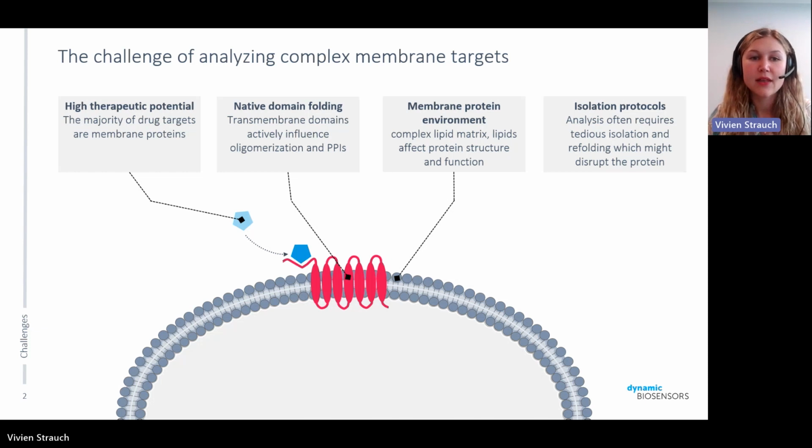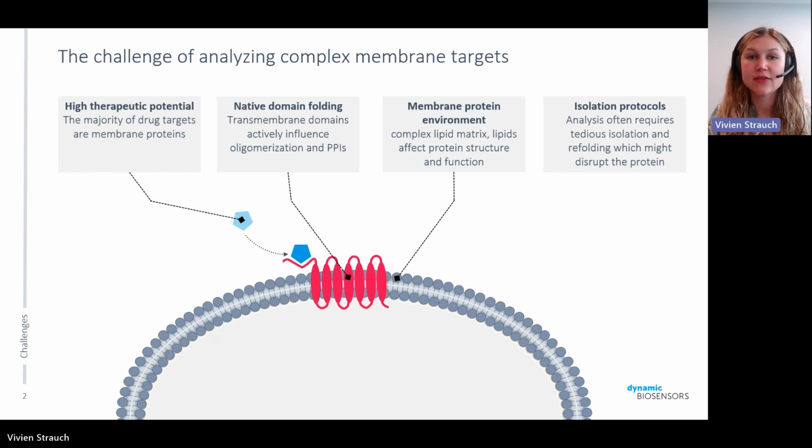For example, the proteins have transmembrane domains that actively influence oligomerization and also protein-protein interactions, and it is important to keep the native folding of these domains. And furthermore, these proteins are in a very complex lipid matrix, and this environment will also affect not only the structure, but also the function of the protein.